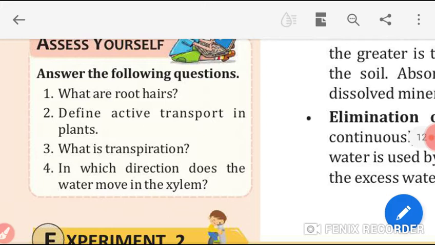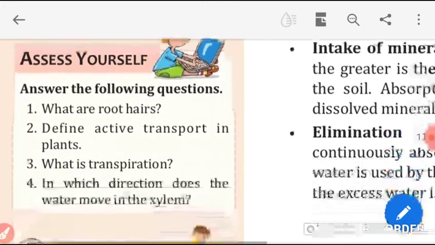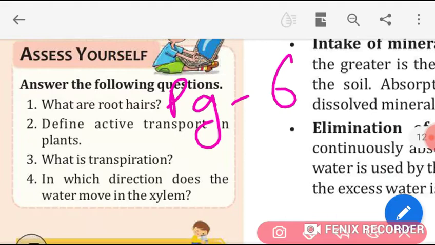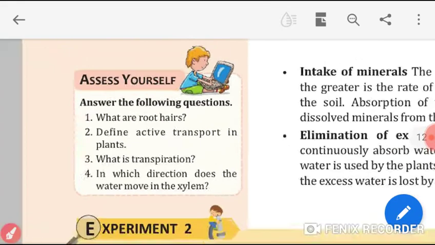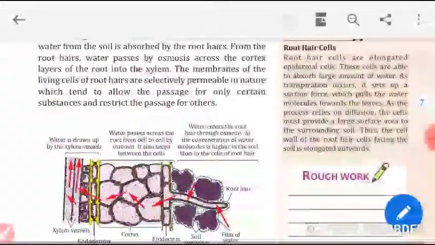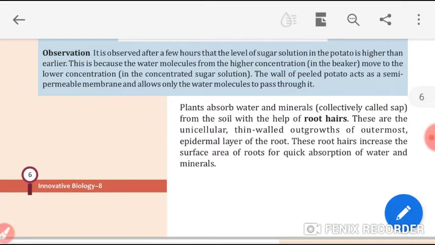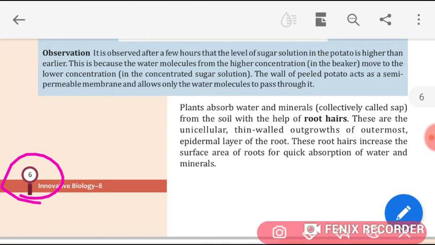Students, this answer is on page number 6. So, we are going to page number 6.